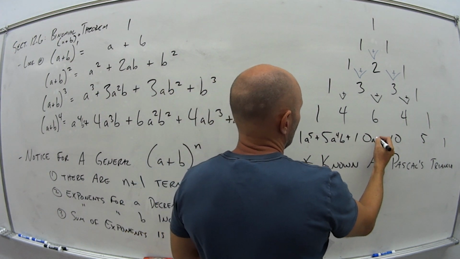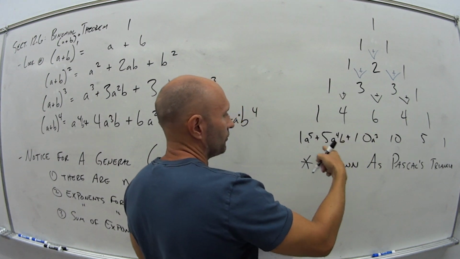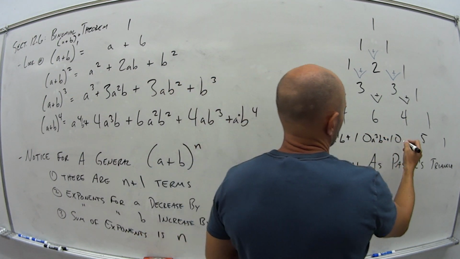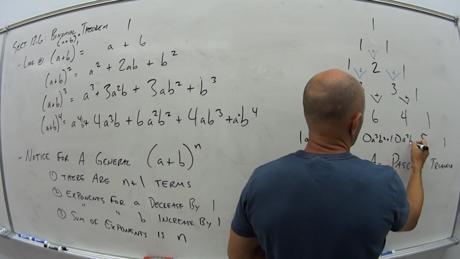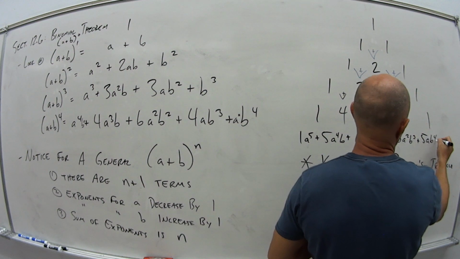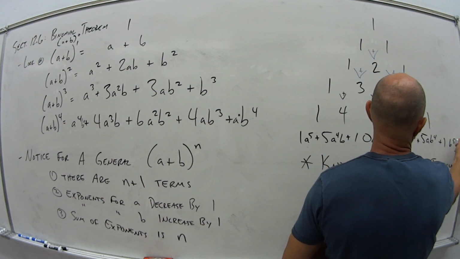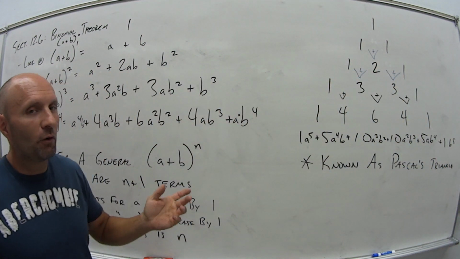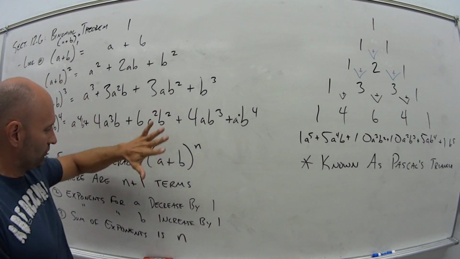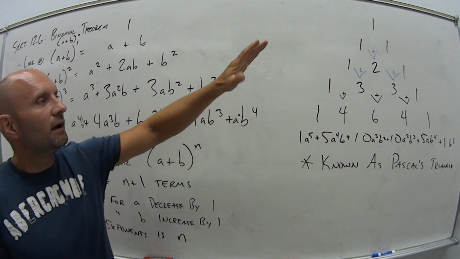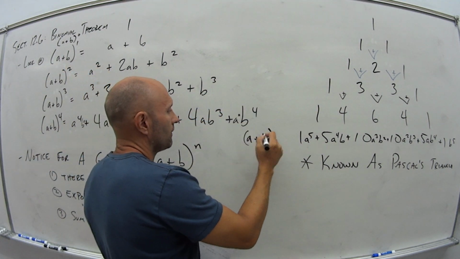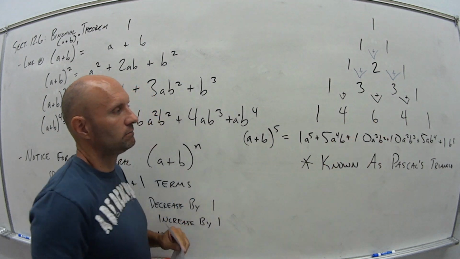A goes down 1, that's 3. I know they have to sum up to 5, so B squared. And then A squared, B to the third. And then 5A, B to the fourth. And then lastly, B to the fifth. So I don't have to do any of that long math anymore. I just know based off of the general idea in Pascal's triangle, A plus B to the fifth is this.